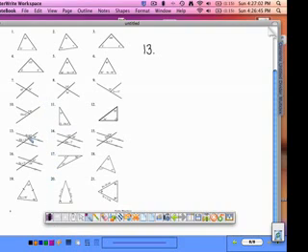This 142 degrees corresponds to the 20x plus 2 degrees.